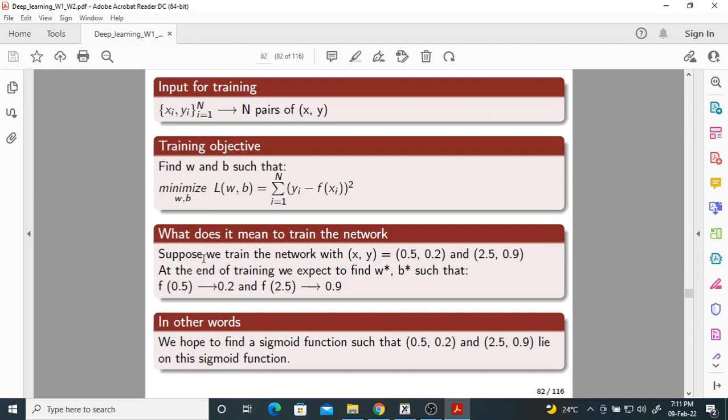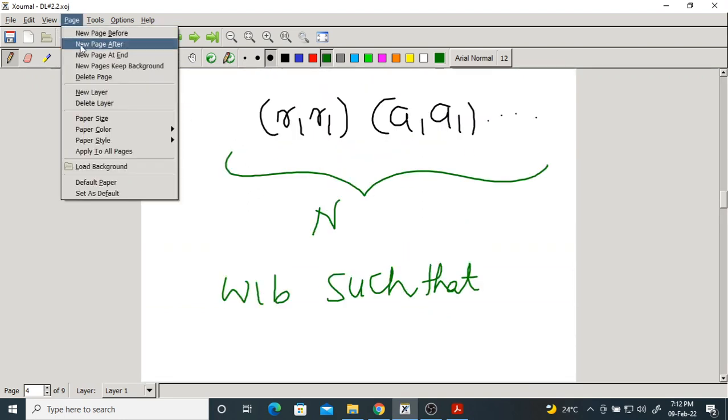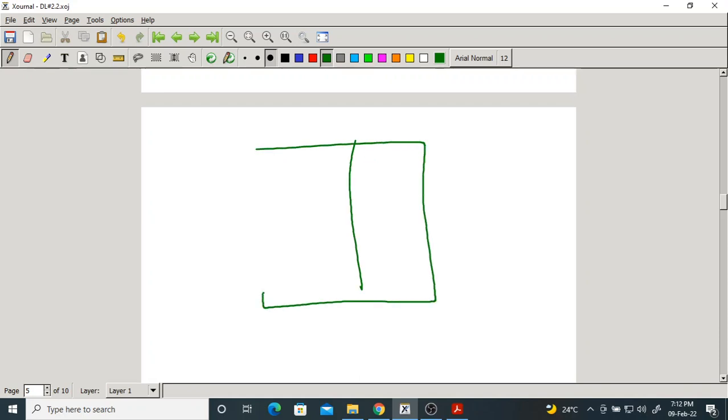Suppose we train the network with only two data points.